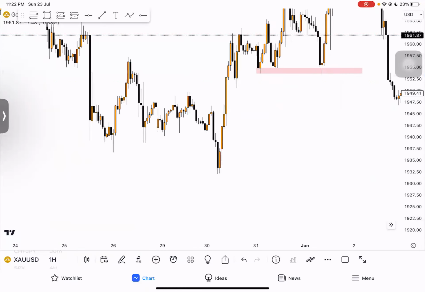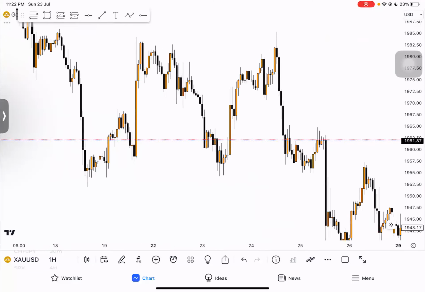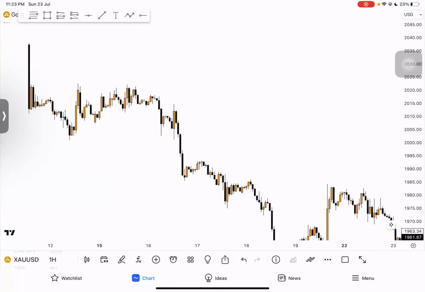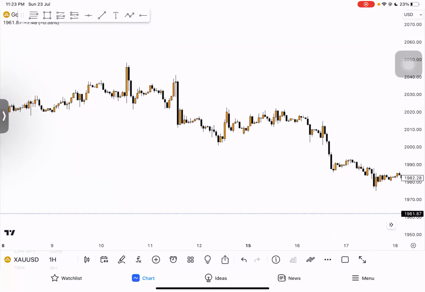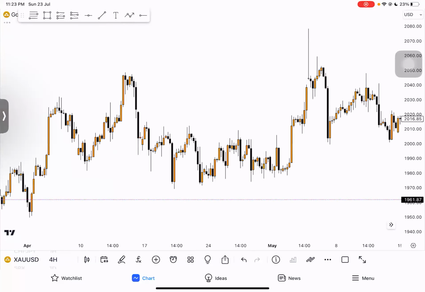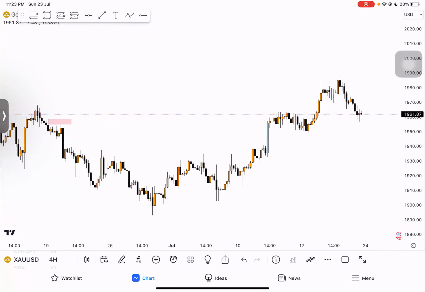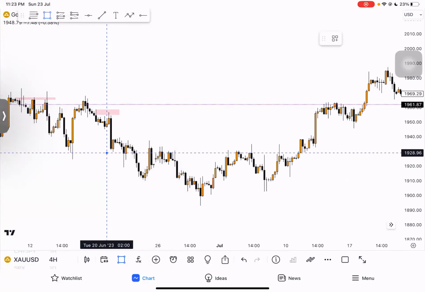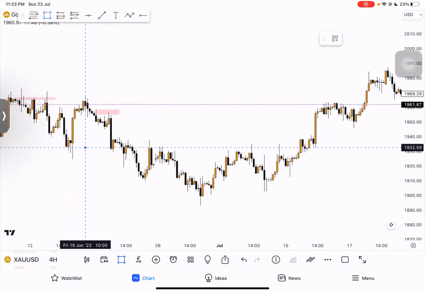Let me see, I got another example or not. Hard to find examples. Maybe we go to H4. Is there any examples? Engulfing. This one is slightly better.